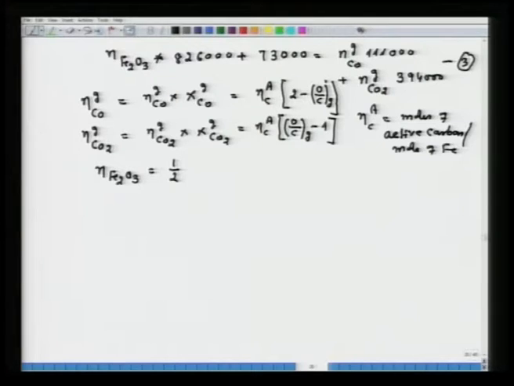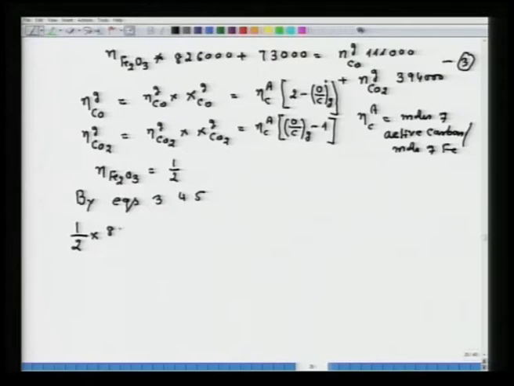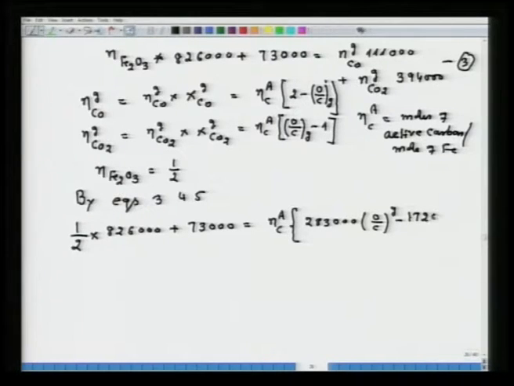So if you substitute all these things by equations 3, 4 and 5, noting that to produce 1 mole of iron you need half mole of Fe2O3, we get an equation: half into 826,000 plus 73,000, that is equal to NCA into 283,000 O by Cg minus 172,000, and this is our equation.